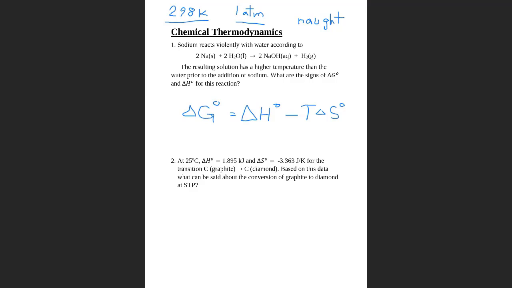Now, one thing to simplify this concept of delta G, you can think of it as a certain energy accounting, if you will. The reactants have a certain bank account, and that bank account is how much energy they have that they can spend, so to speak.